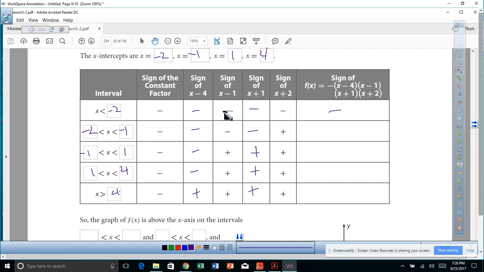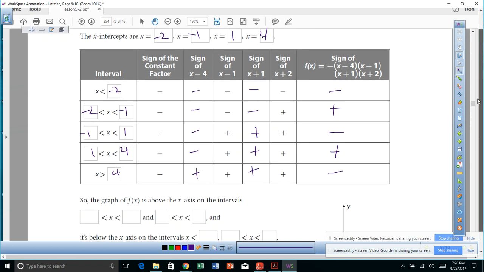Negative, positive, negative, positive, negative. And this is going to be negative, positive, negative, positive, positive. So that's going to be positive, negative, positive, positive, positive. That's going to be negative, and that's going to be positive, and that's going to be negative. Okay.